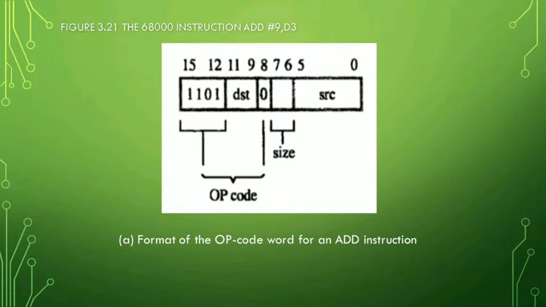In our example, the destination register D3 is represented by the binary pattern 0, 1, 1 in bits 9 through 11, and the immediate source operand is identified with the pattern 1, 1, 1, 1, 0, 0 in bits 0 through 5.